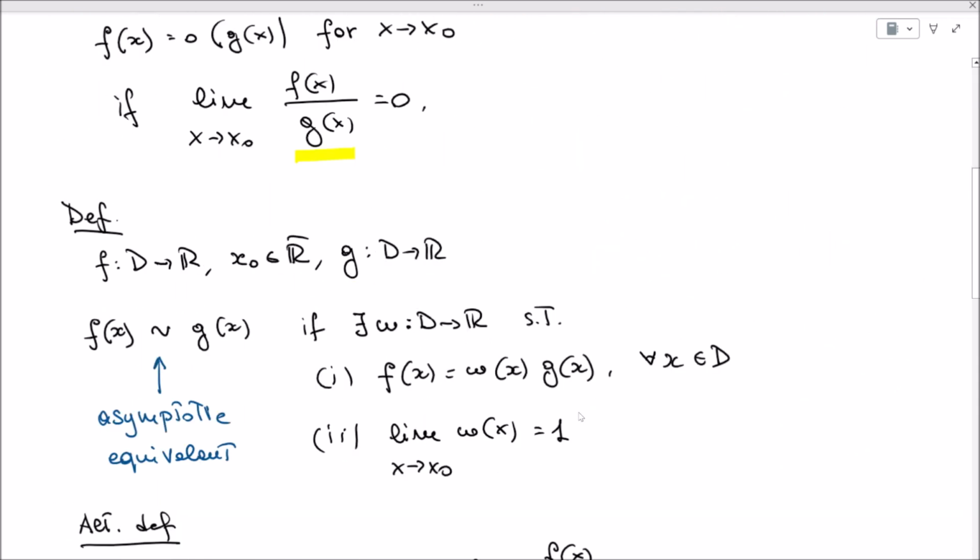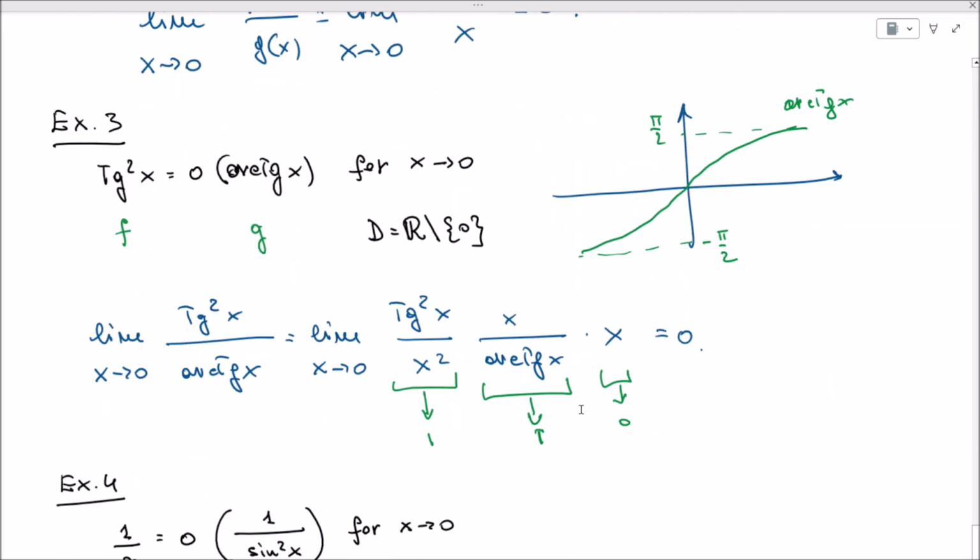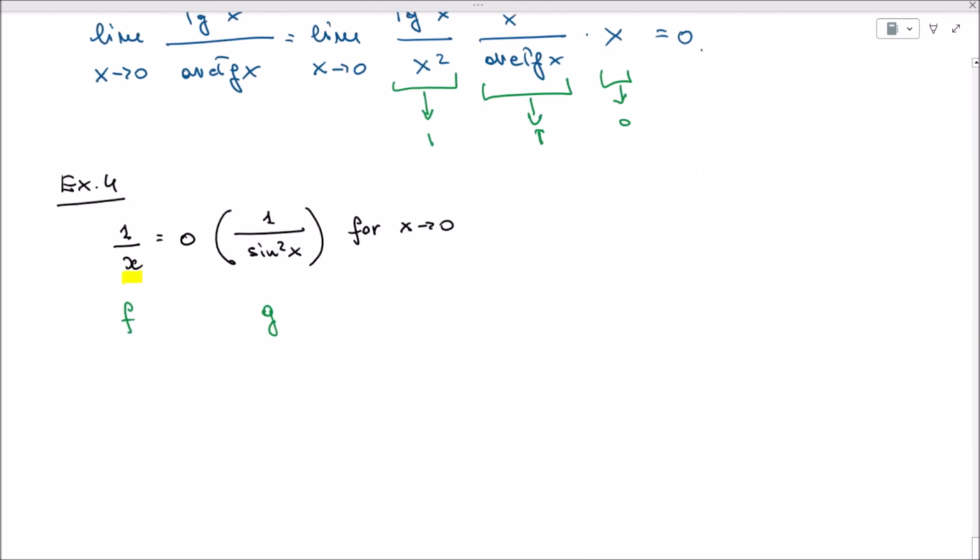And this is exactly the situation where we are now. Because 1 over x, when x goes to 0, goes to plus infinity. And also 1 over sine square of x does not tend to 0, but goes to plus infinity. Still, we can define that f of x is little o of g of x.